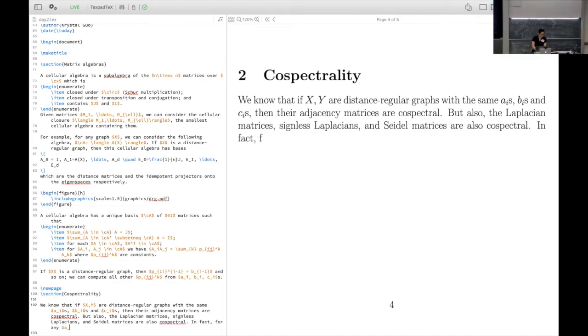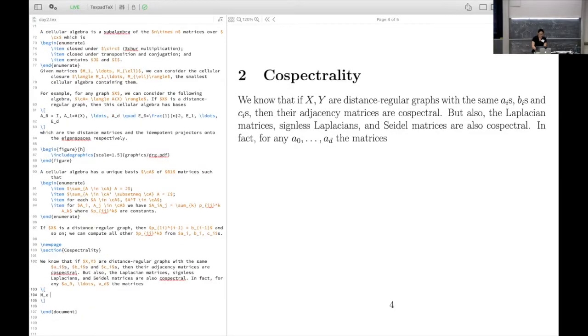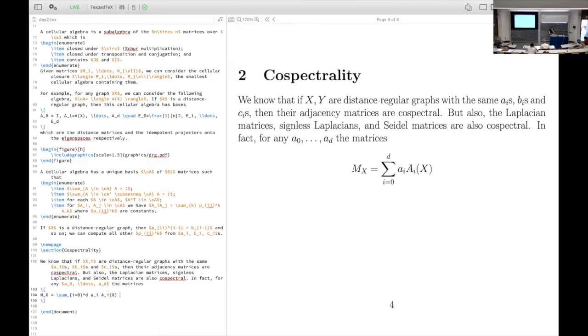So if I take M_X to be the sum for i equals 0 to D of a_i, these as the coefficients, times A_i(X), the i-th distance matrix of the graph X, and I do the same for the other graph, then whatever the coefficients have to be, taking the same linear combination of their distance matrices, these two also have to be cospectral.